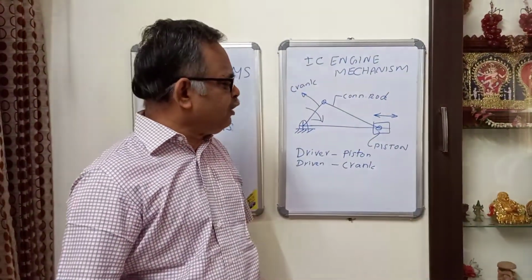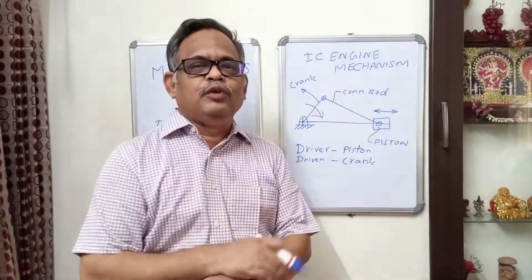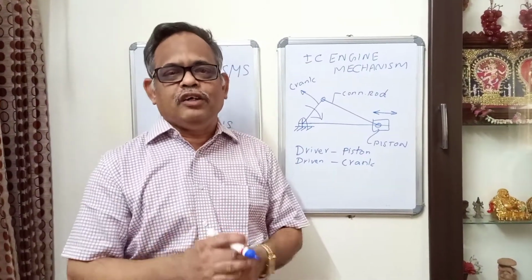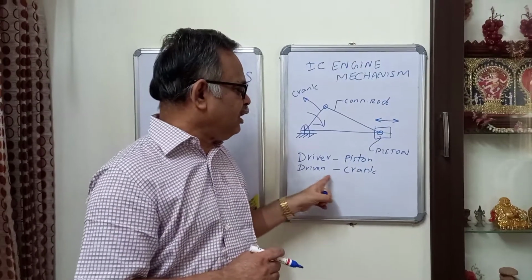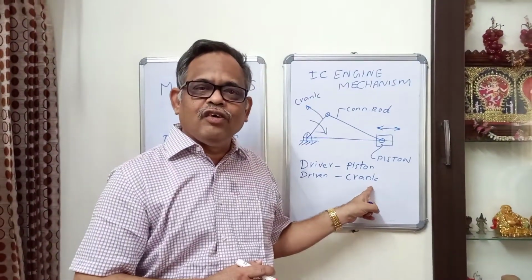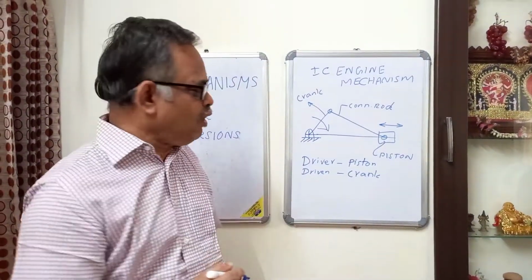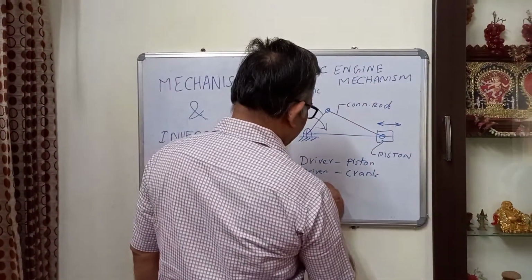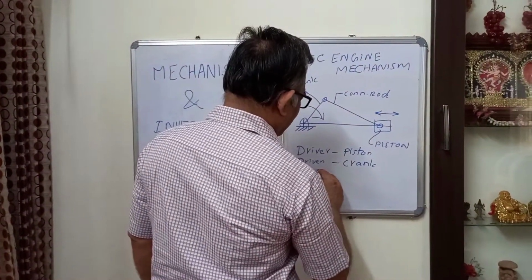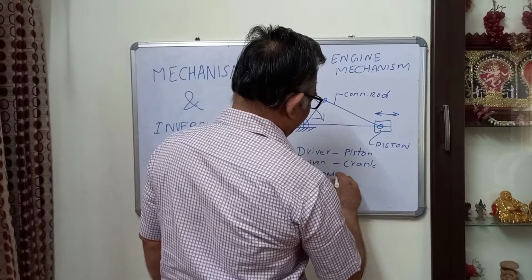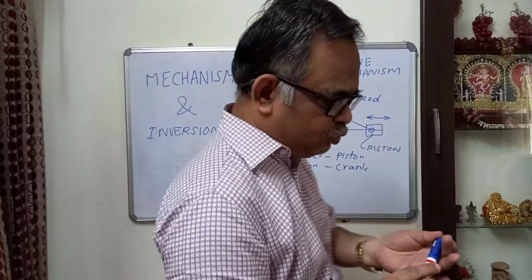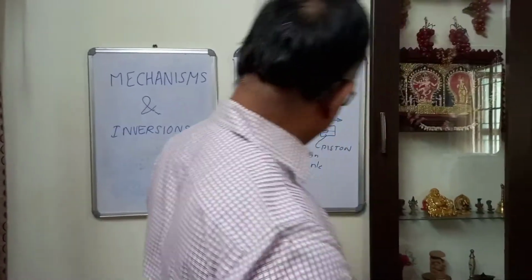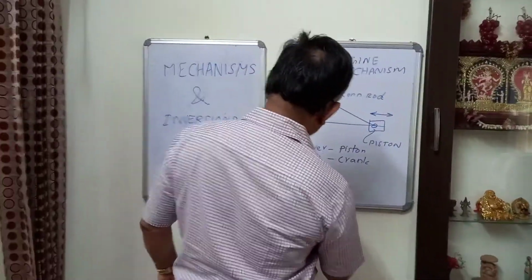So the same thing, if it is reversed or inverted, that is the driver is converted as the driven and the driven is converted as the driver, then what will happen? It will become a compressor mechanism, an air compressor.